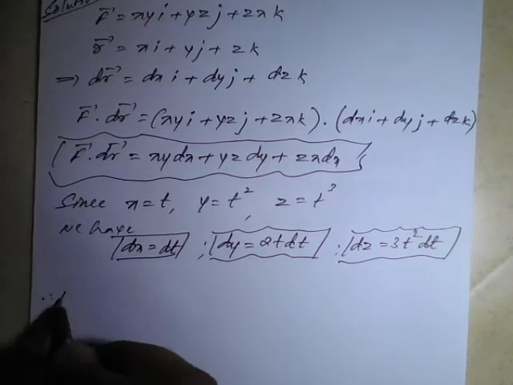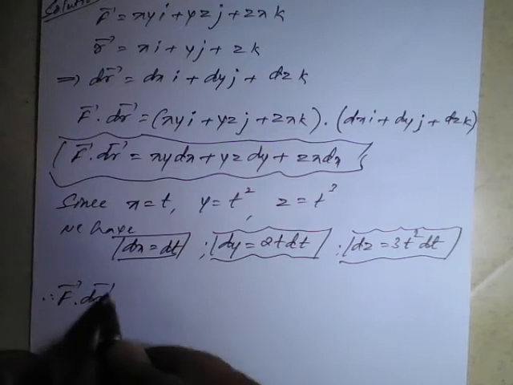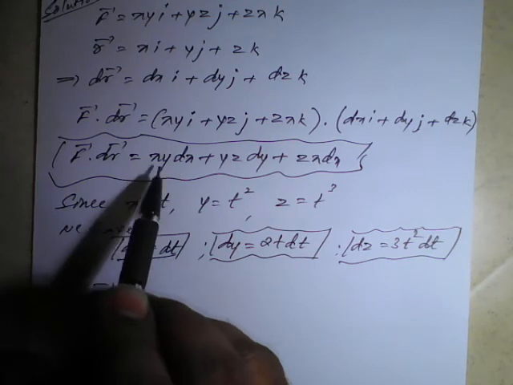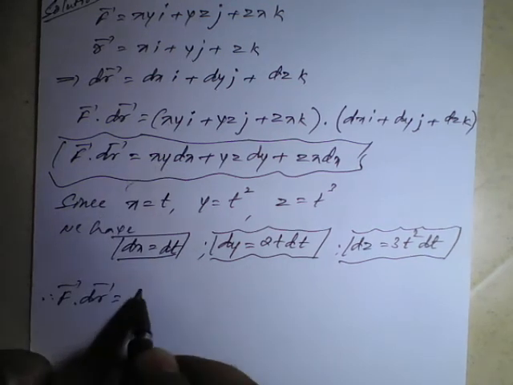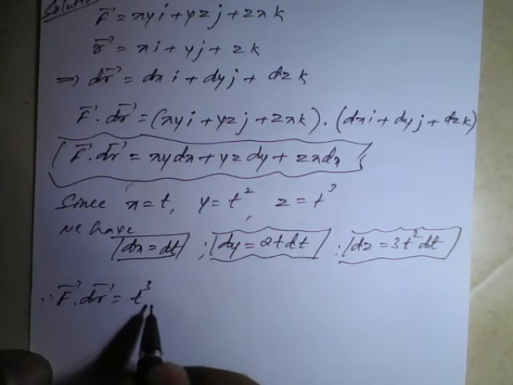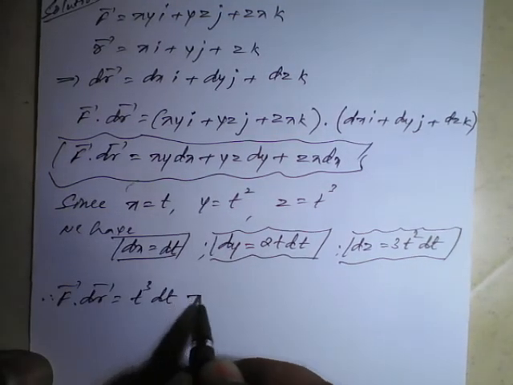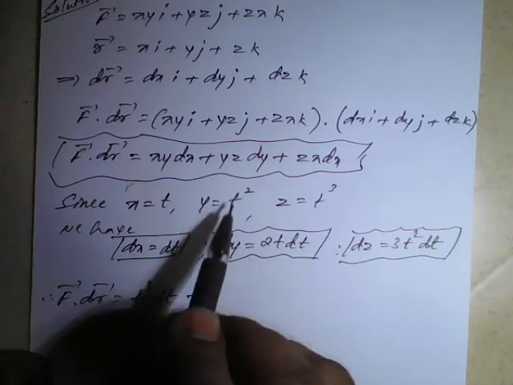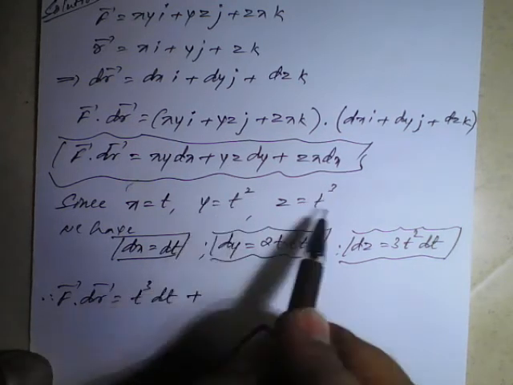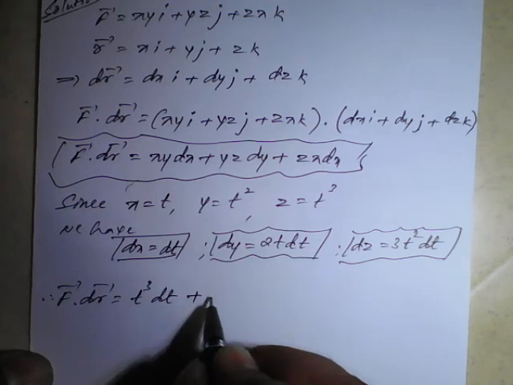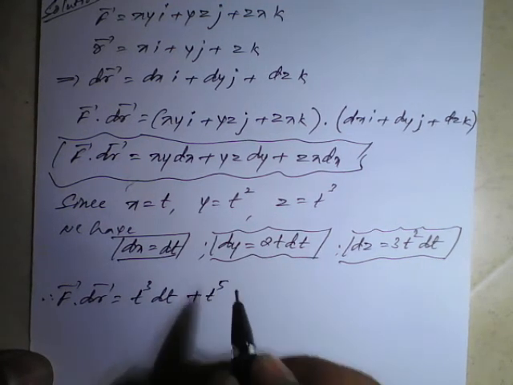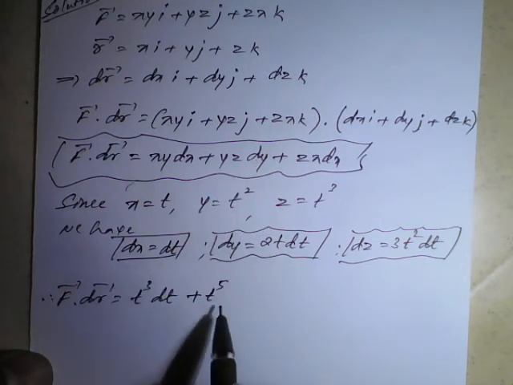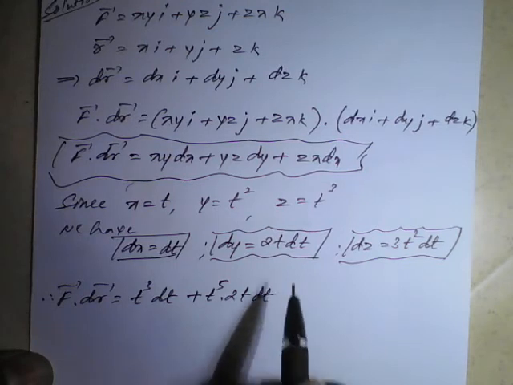So therefore vector F dot dr will be xy, what is x, t, y is t square, so t into t square will become t cube, dx is nothing but dt, plus yz, y value is t square, z value is t cube, so t square into t cube, so bases are same, so 2 plus 3 is 5, so t raised to 5 into dy value, it is 2t dt.